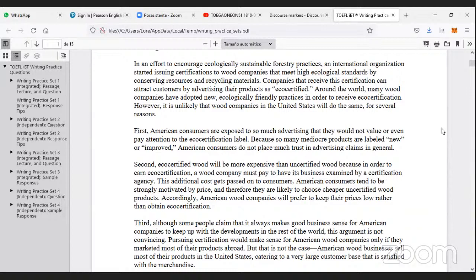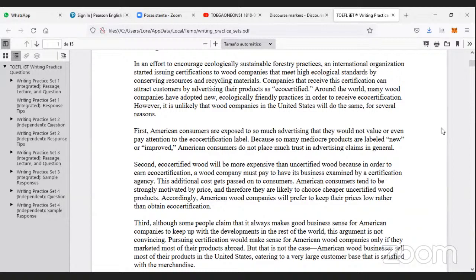These additional costs get passed on to customers. American consumers tend to be strongly motivated by price and therefore they are likely to choose cheaper uncertified wood products. Accordingly, American wood companies will prefer to keep their prices low rather than obtain a certification.